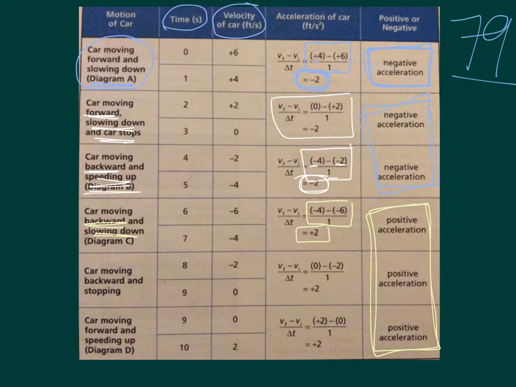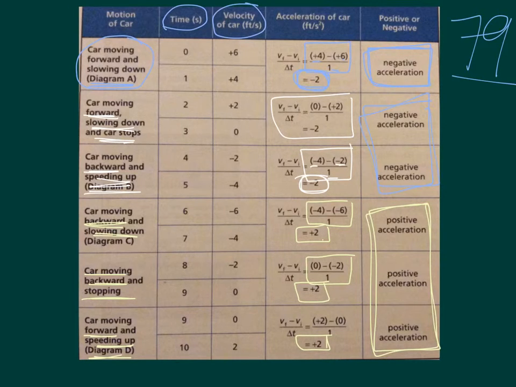That's going to give you a +2 for the acceleration, because -4 minus a -6, that's really -4 plus 6, is a +2. When the car continues to move backward but is stopping, is slowing down, coming to a stop, again, doing the math, we end up with a positive acceleration. And then when we have a car that's moving forward and speeding up, as it is in diagram D, we again have a positive acceleration.